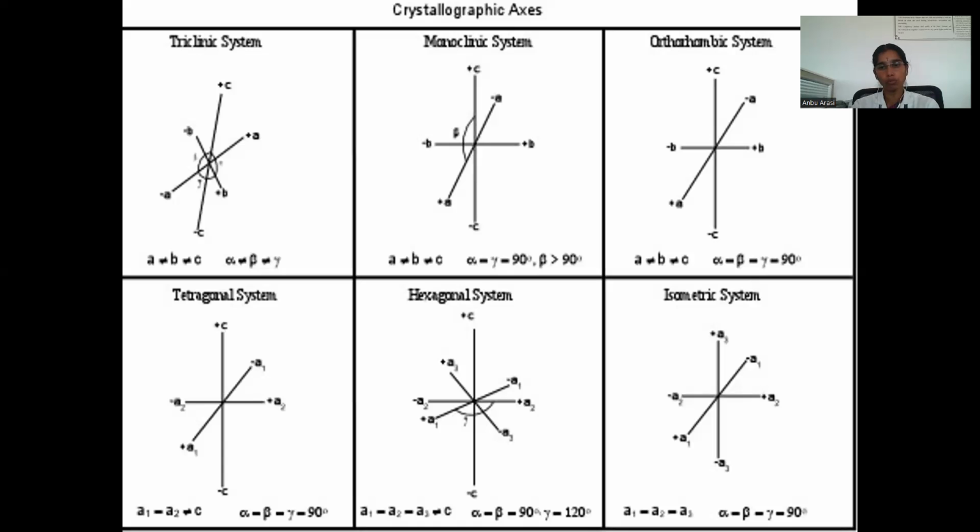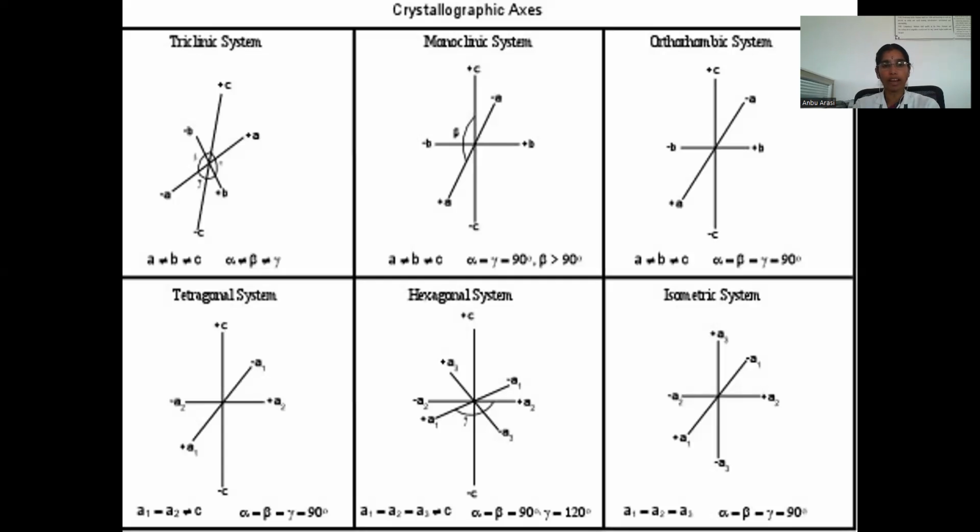That is called isometric system. That is A1 equal to A2 equal to A3, and alpha, beta, gamma are equal to 90 degrees. So these are all the crystal systems. Isometric, all the angles are equal to 90 degrees.